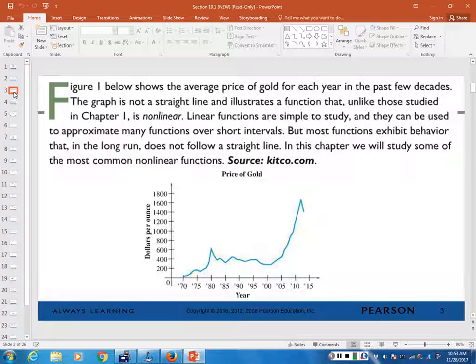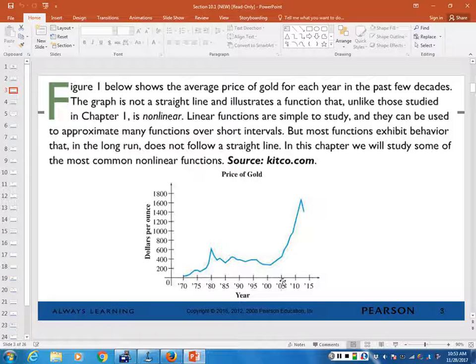So the first thing I want to show you is a problem that kind of tells you why we want to talk about nonlinear functions. This graph is definitely not a straight line. You could probably approximate pieces of it with a straight line.